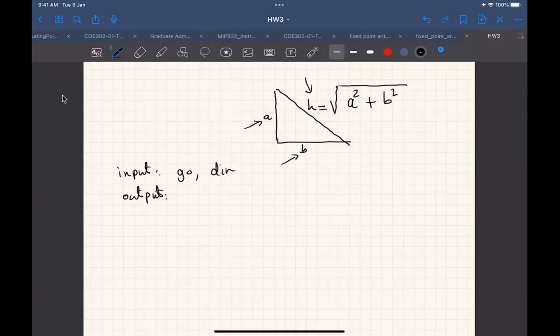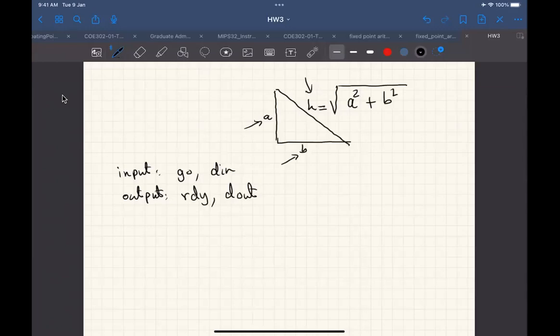Shabab, from your experience, output is ready? Should be H. And data out, which is H, basically.